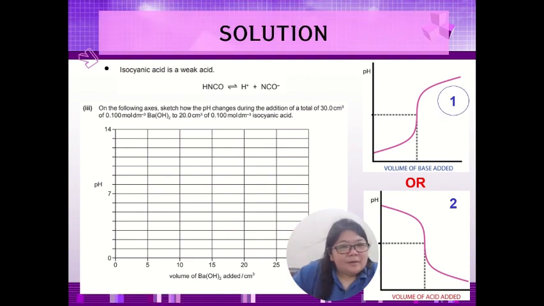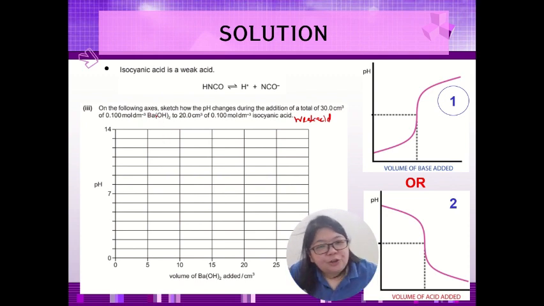Now this is a weak acid. If you can remember from group 2 hydroxides, barium hydroxide is very soluble in water, so it is actually a strong base.